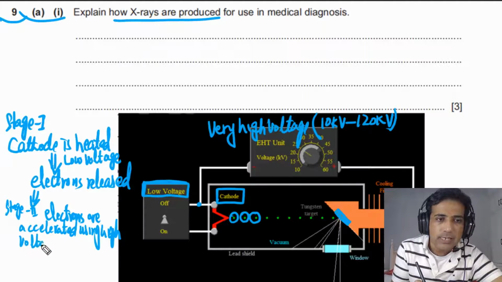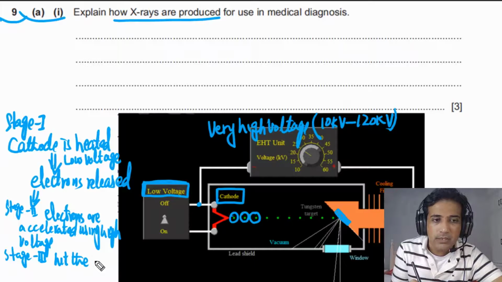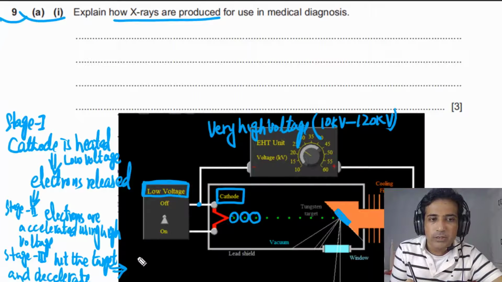And in the third stage, electrons hit the target, the tungsten target, and decelerate. Very important point: electrons decelerate. In stage 4, as electrons decelerate, their kinetic energy decreases.